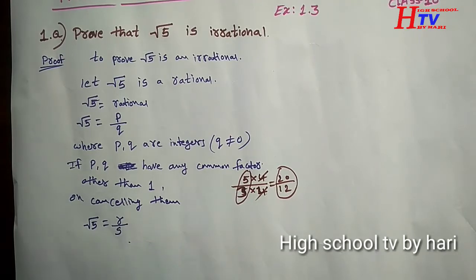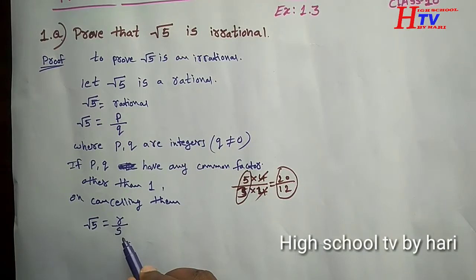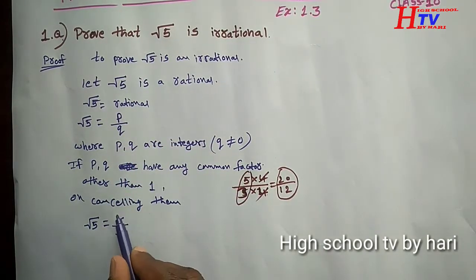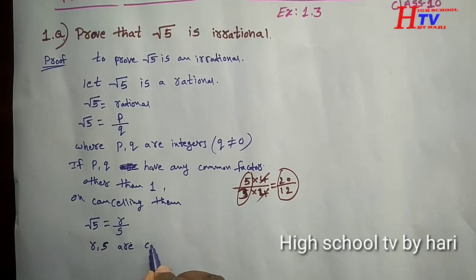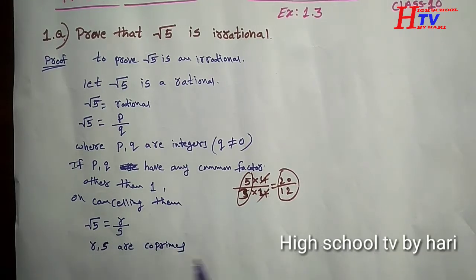I am taking r by s. It is also a fraction, but here the common factors are cancelled. These are now co-primes, where r, s are co-primes. We do not have any common factors now.